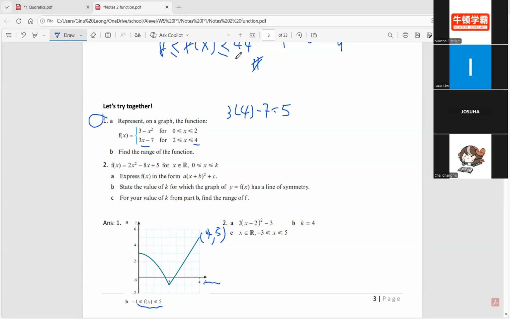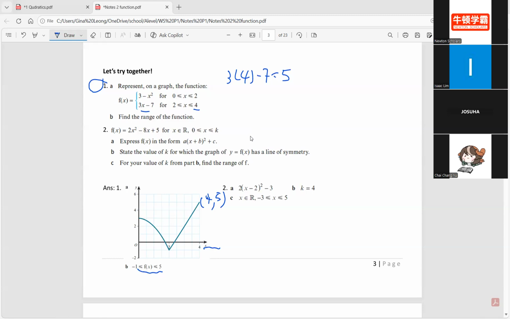Okay, correct. Then your range. No, Isaac, your one is also wrong. This one, you look at the graph here. This one is actually your x equal to 4.